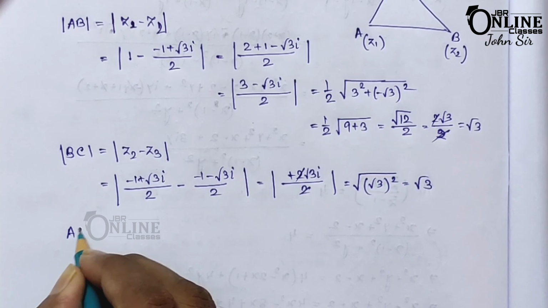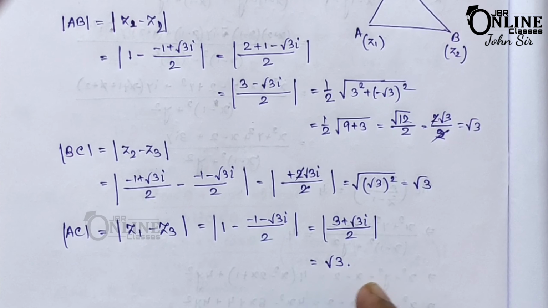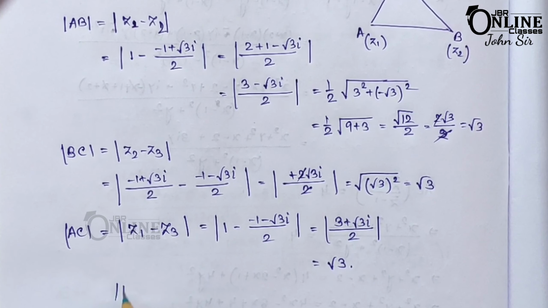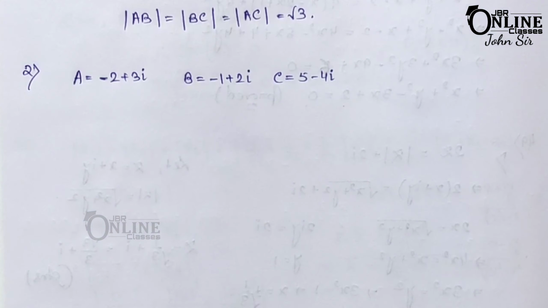So within mod it will be also same, and that equals root 3, because here 1 by 2 and then 3 whole square plus root 3 whole square within root, that equals also root 3. So hence mod AB equals mod BC equals mod AC, and that equals root 3. Therefore A, B and C form the vertices of an equilateral triangle, and it's proved.